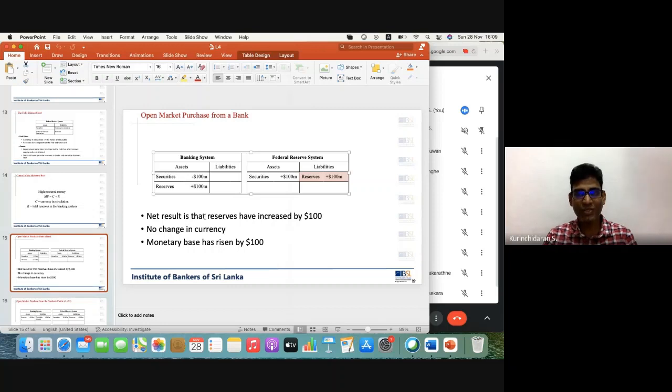So the central bank wants to increase the monetary base, and of course they can do an open market purchase from the bank. Now the banks can lend more. So this is the purpose. Now you know why this open market purchase happens, the reason, and second, how this transaction is accounted.